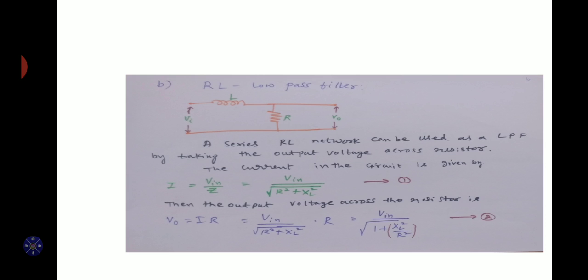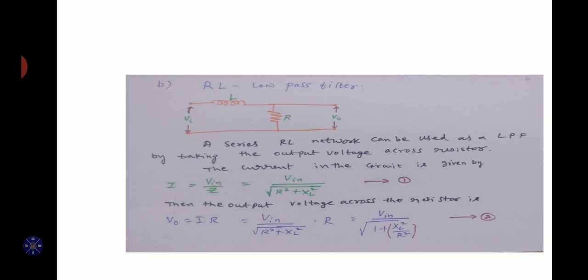A series RL network can be used as a low pass filter by taking the output voltage across the resistor. Here I is the current flowing through the circuit. Then I is equal to VIN by Z, or VIN by root R square plus XL square.